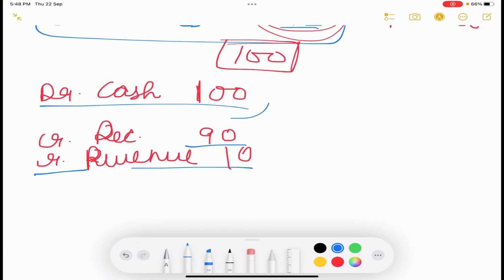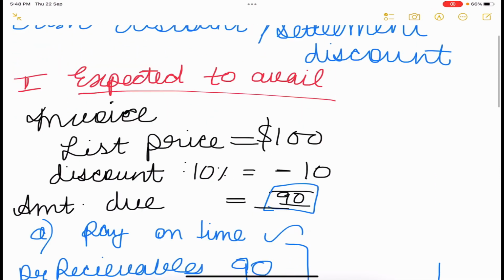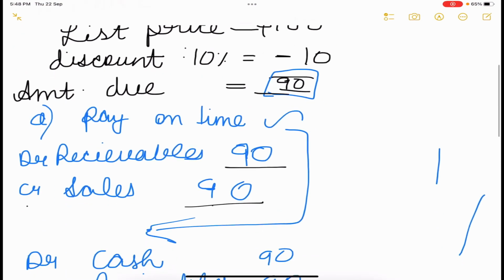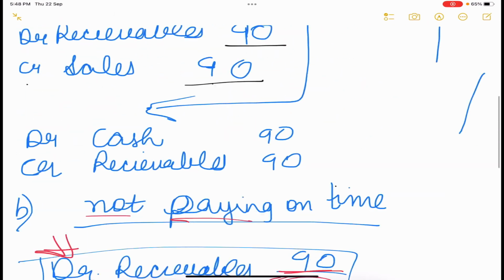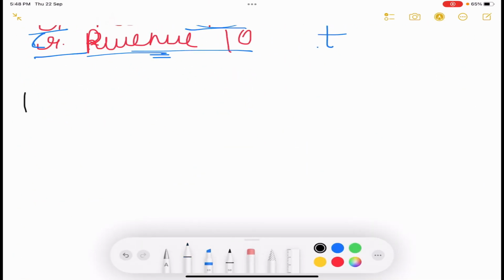So for cash, we received 100, and for credit, we closed the receivables account of 90, and our revenue is credited because revenue is getting increased by 10. So I hope this is clear. Now we have done all the conditions of expected to avail, right? Now let's see what happens when a person is not expected to avail.